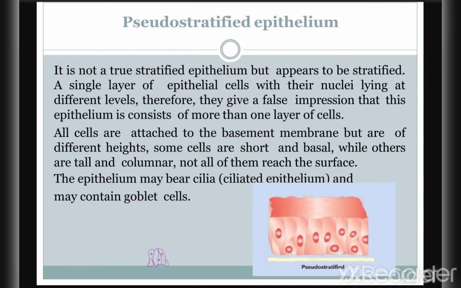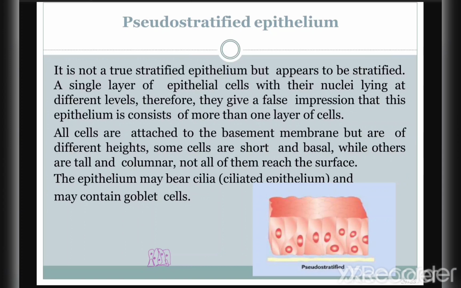It is a single layer of cells, but the nuclei are at different levels. So it gives the impression of being stratified, and you assume that it is stratified, but it is not.